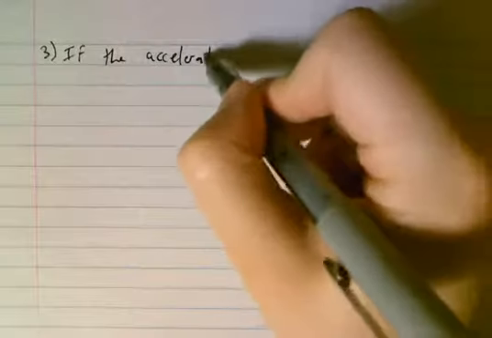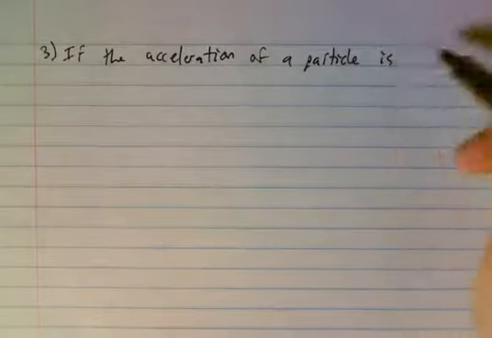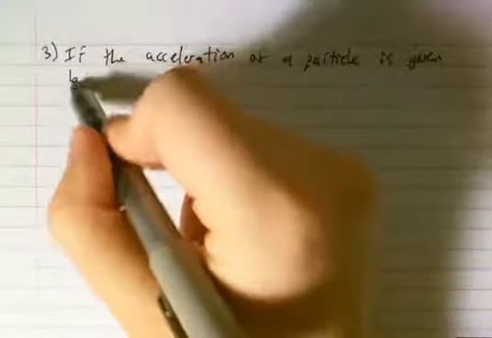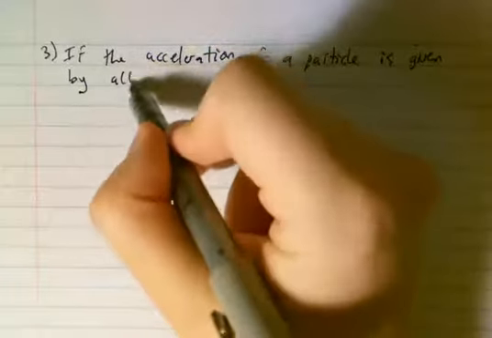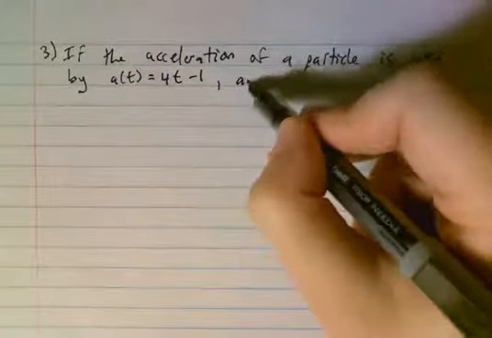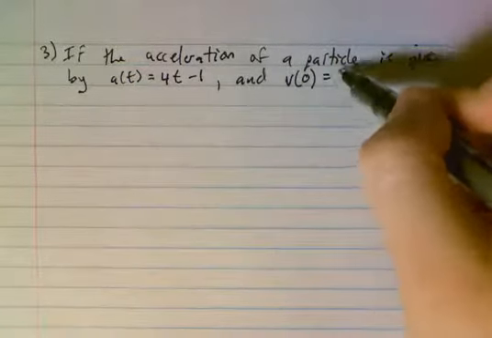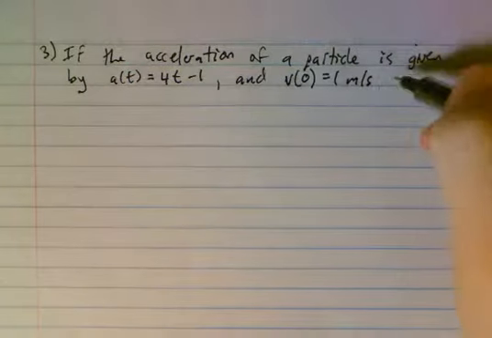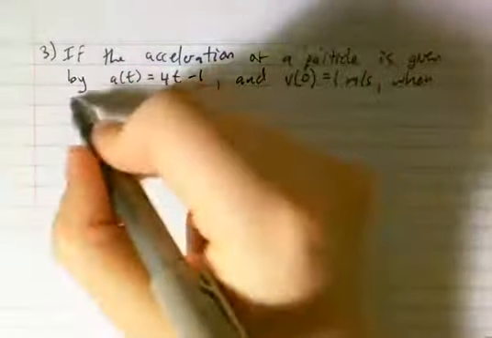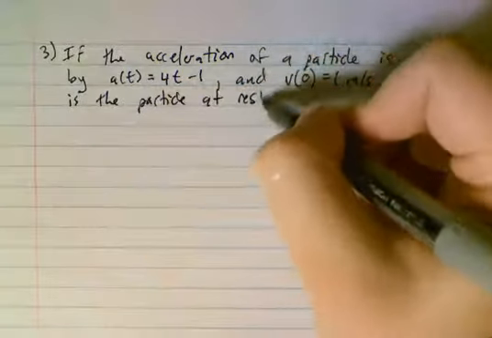So for example, if the acceleration is given by a of t equals 4t minus 1, and the velocity at time 0 equals 1 meter per second, when is the particle at rest?